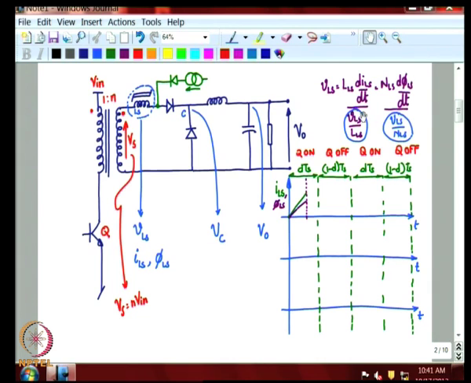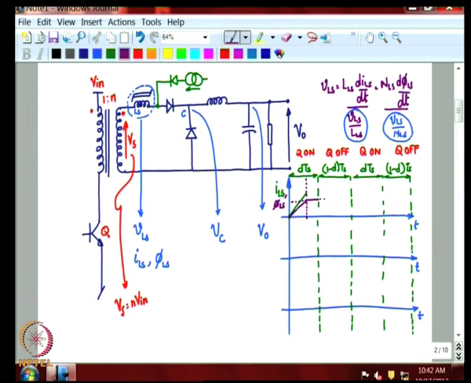However, as in the linear region, LLS is constant, VLS is a constant, it is a linear slope, and NLS is a constant, that is also a linear slope. Now, let us say that the saturation limit, the flux saturation limit is at that point. So, which means that flux flattens out.